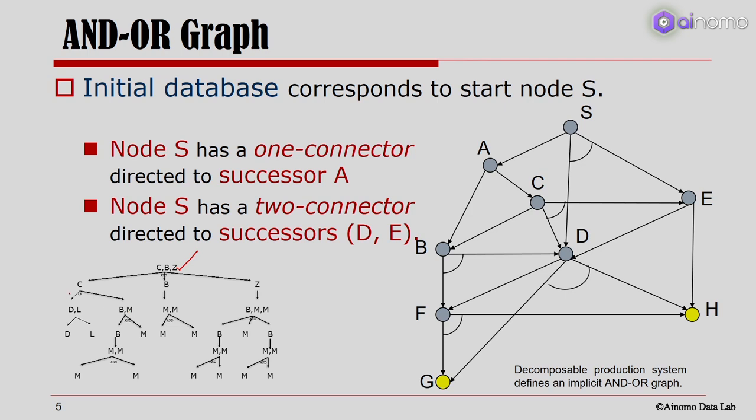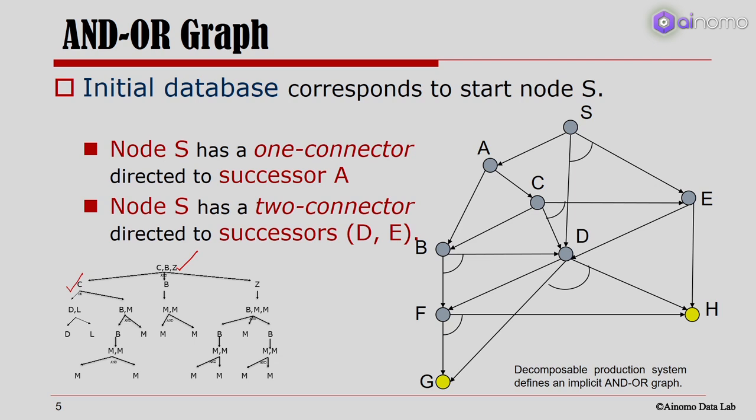So here we have an OR node, but when we split the main problem into 3 component problems C, B and Z, we have an AND node. So decomposable production systems define an implicit and/or graph.